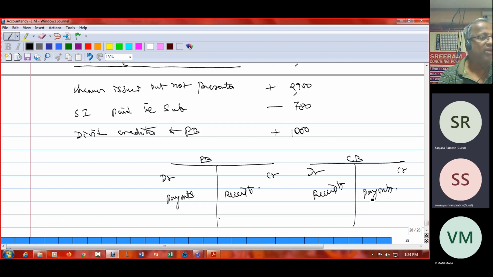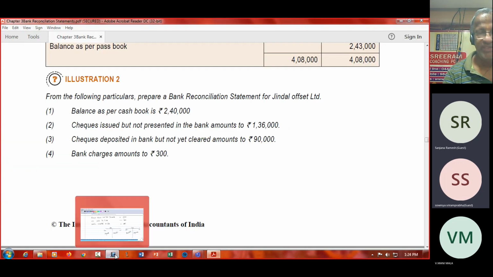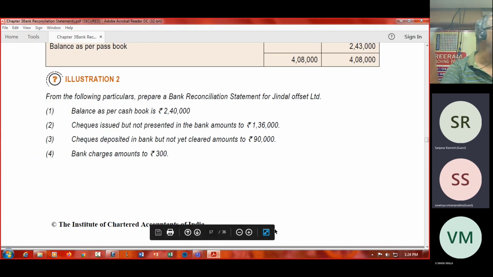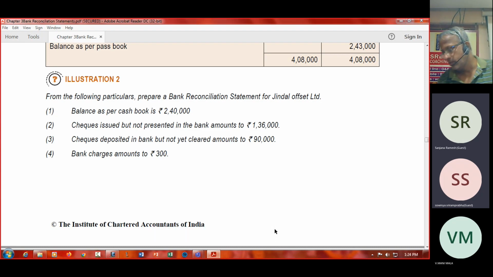Whether bank charges will be a payout or a receipt? It is a payout. Which side of the passbook will it appear? Debit side. So how do you call it, unrepresented debit or unrepresented credit? Unrepresented debit. So your starting balance is debit. What should I do, add or deduct? Deduct.